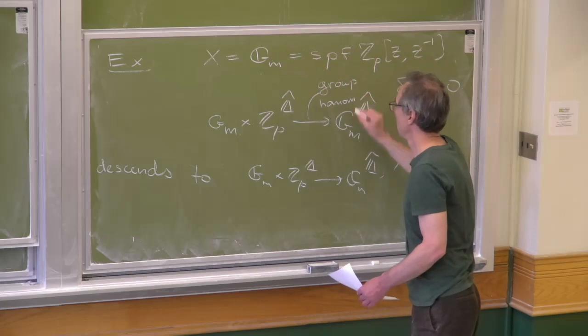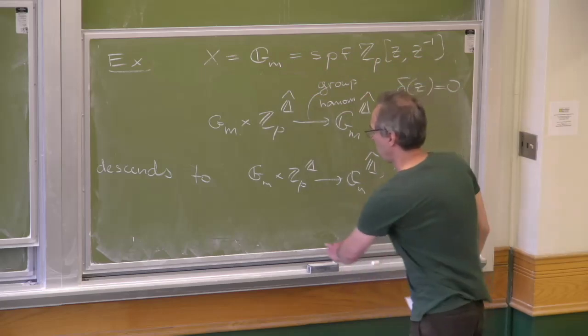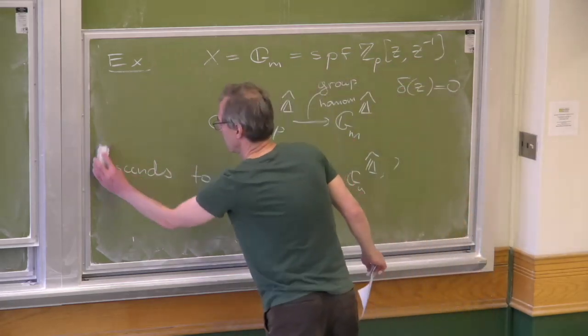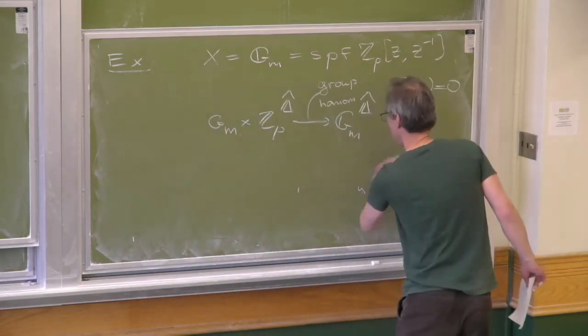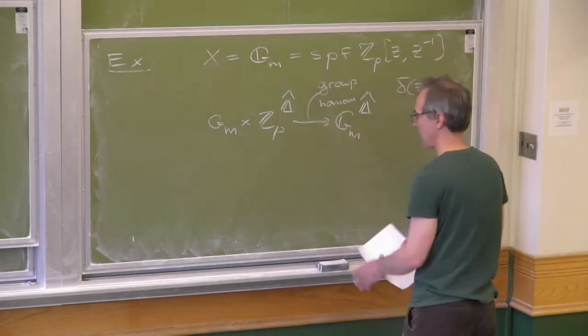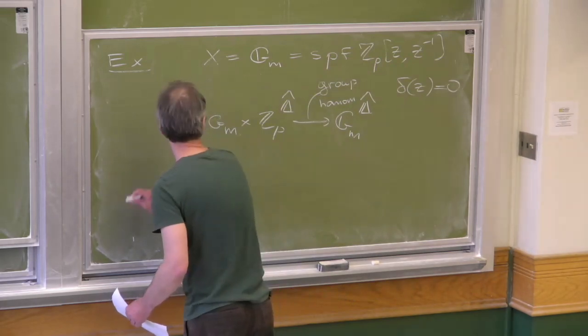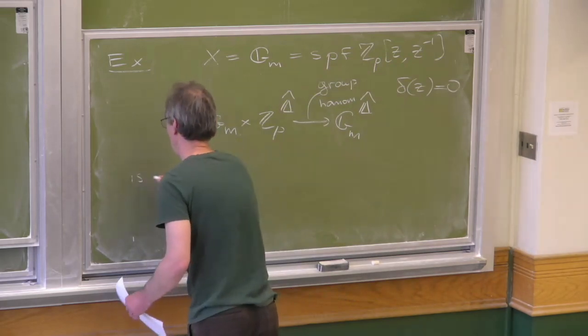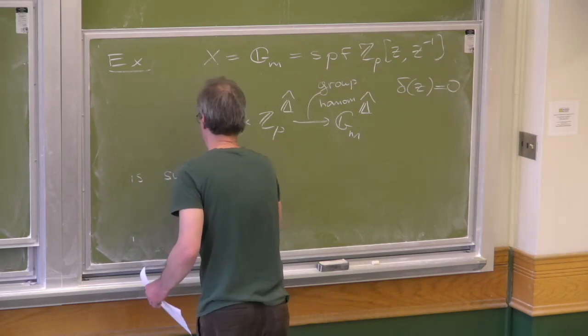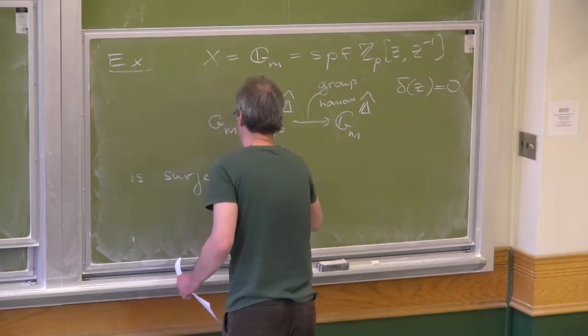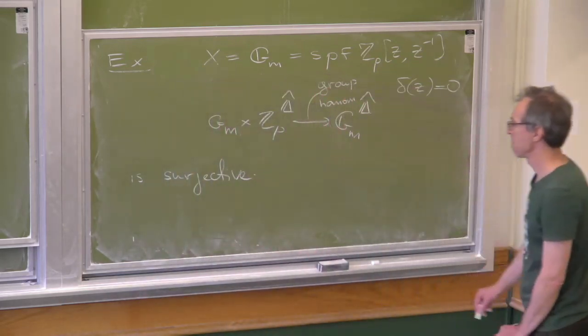So the claim is that, okay, I'll erase this. That doesn't say anything. So we have this map we already constructed, and the claim is that it's surjective, which is easy.